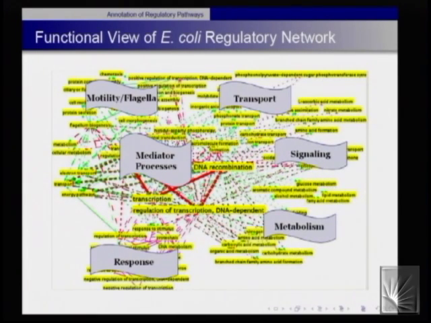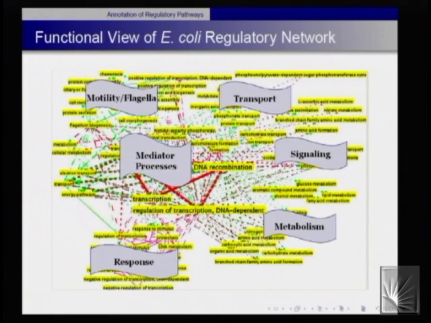As you would expect, the processes that are known to take part in regulation came up as the hubs, and they were combining different processes that were isolated quite cleanly: response, metabolism, signaling, transport, etc. The size of each node here is just the number of significant paths that it is involved in. As you will see, the mediator processes dominate.